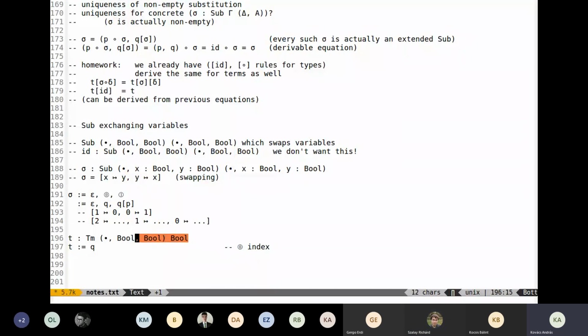I'm skipping some details about bool, but there is a rule for bool which just says that, because bool is a closed expression and doesn't have any variables, substitution on bool does nothing.